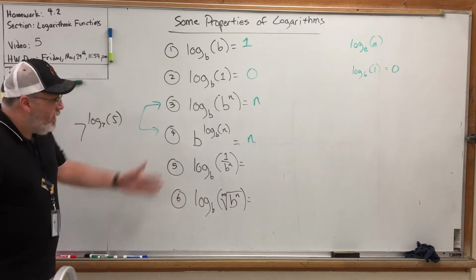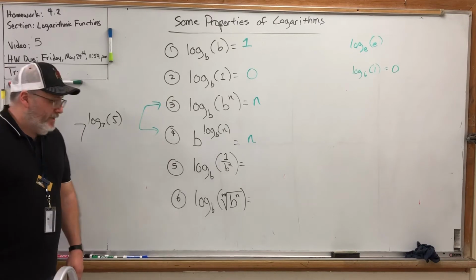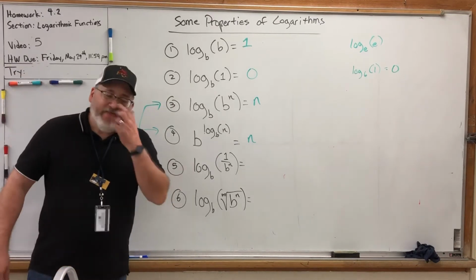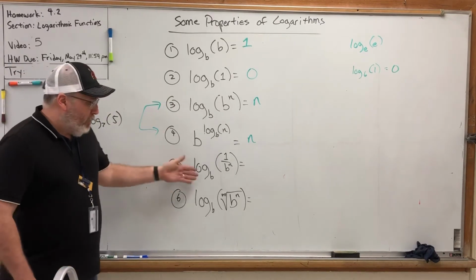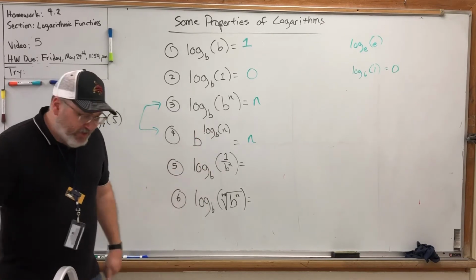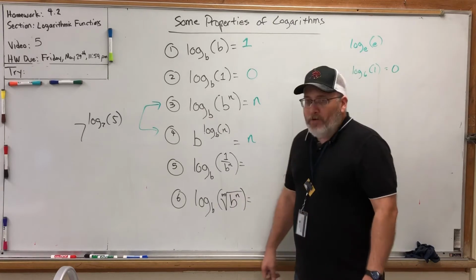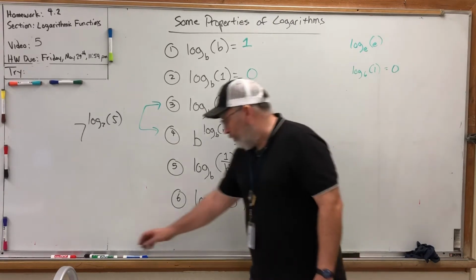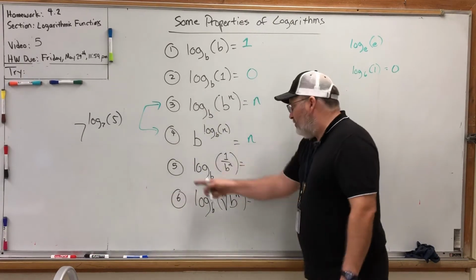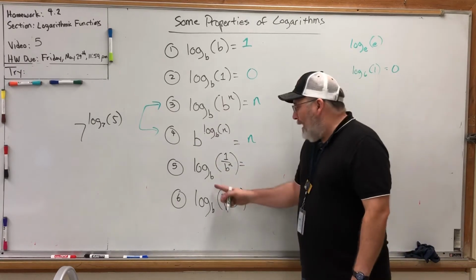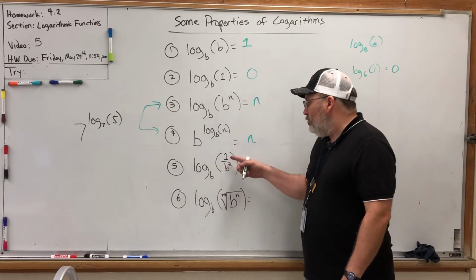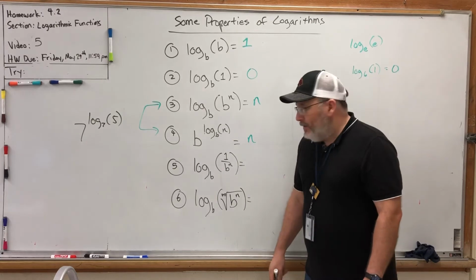5. Log base b of 1 over b to the n. We had an example like that in the previous video. It was log base 2 of 1 over 16. But once we figured out that 16 was 2 to the 4th power, then we could just rely on an exponent rule. The question this logarithm is asking is what power turns b into 1 over b to the n?